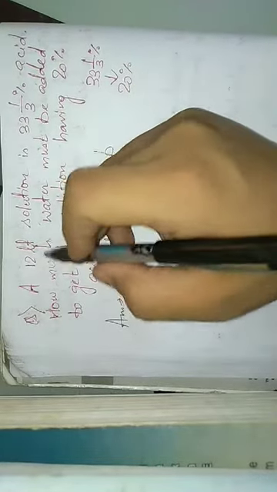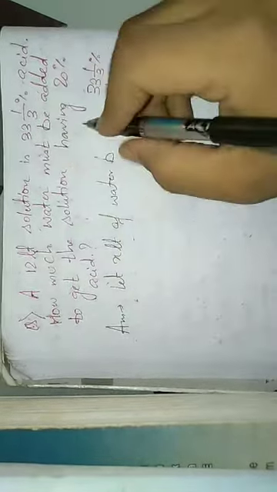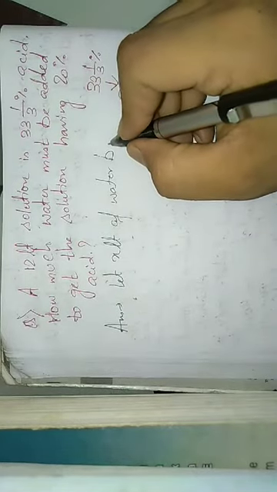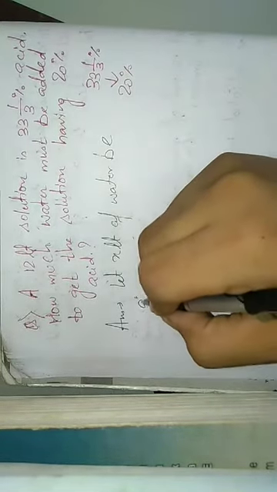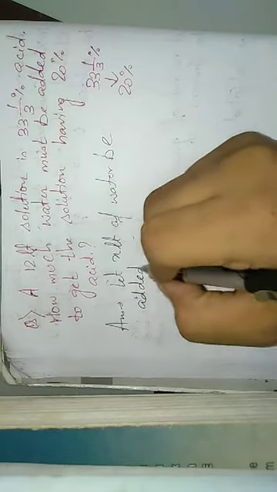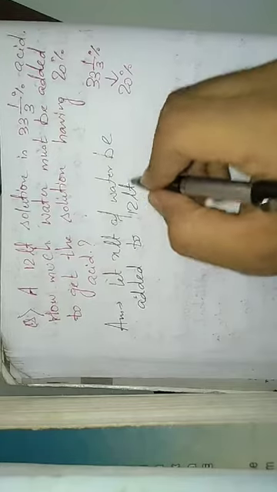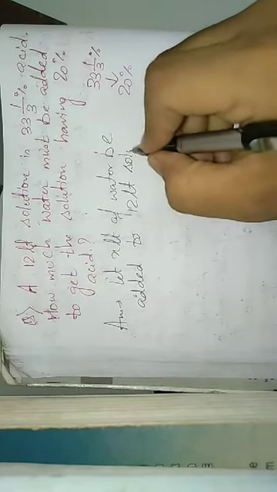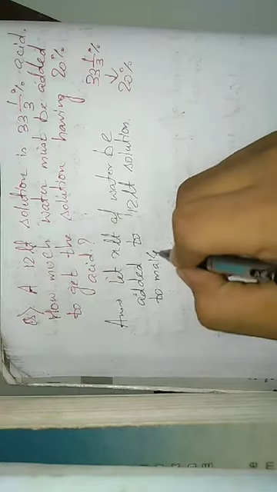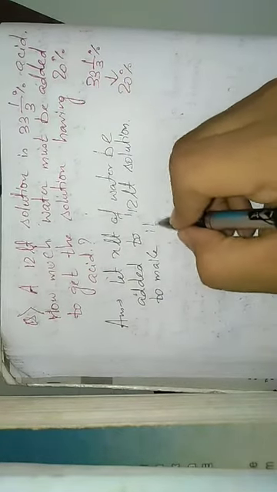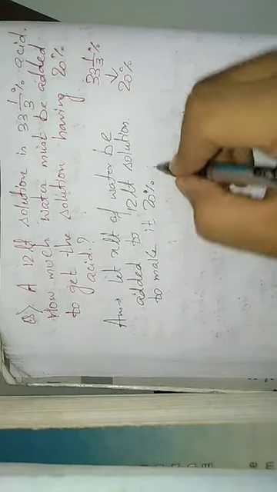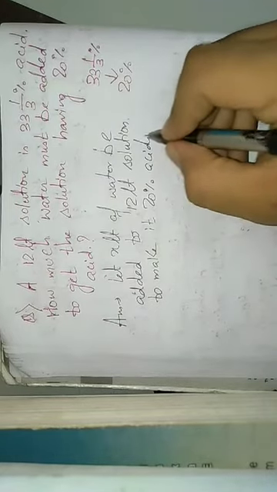Since the quantity here is in liters, let x liter of water be added to the 12 liter solution to make it 20% acidic.